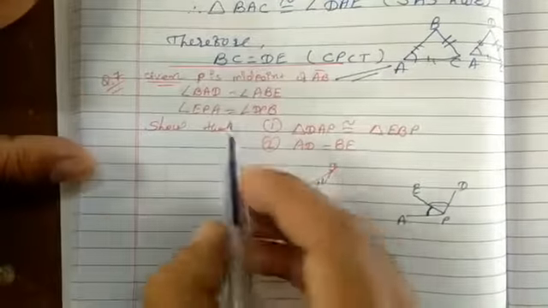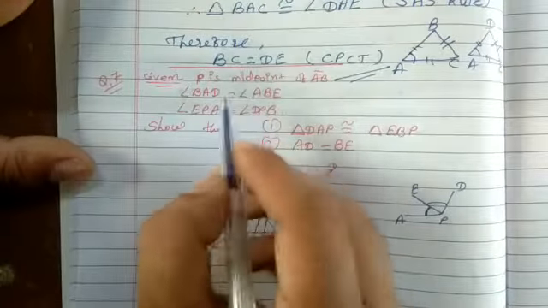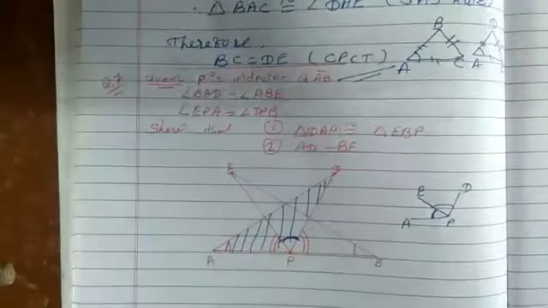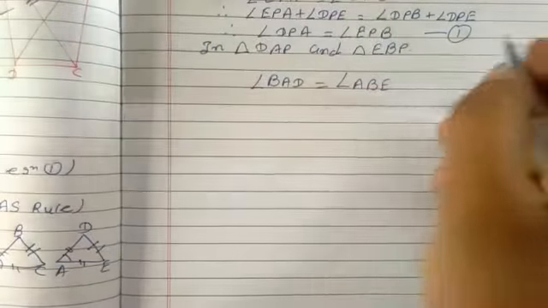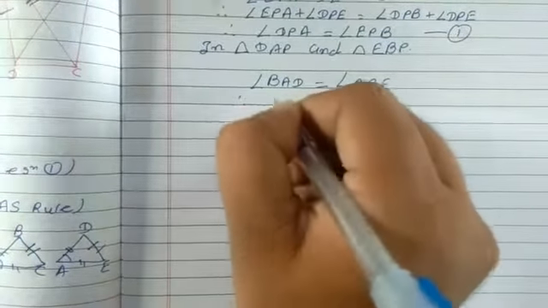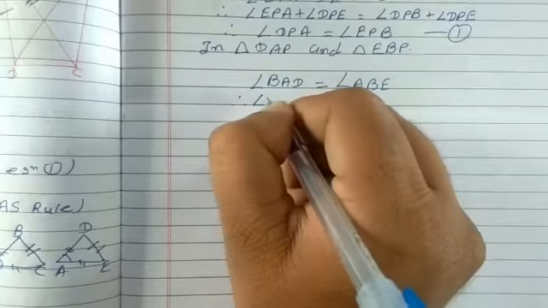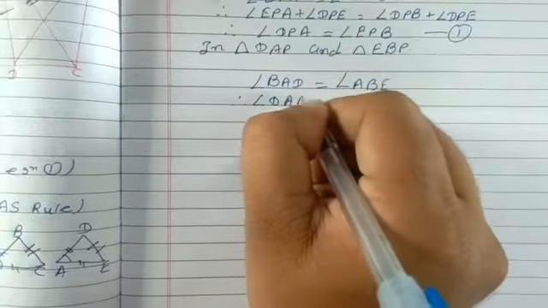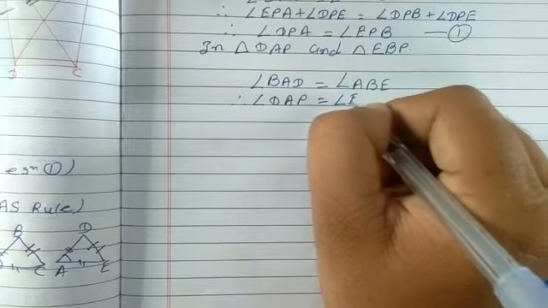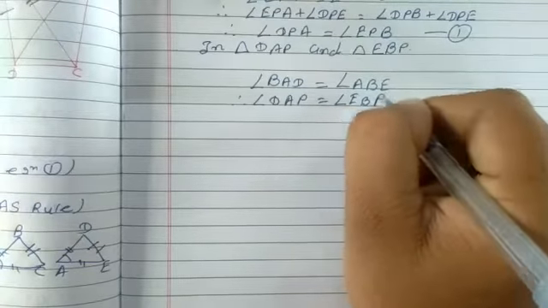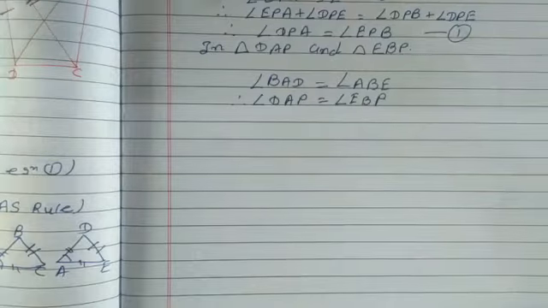Am I right? Here BAD is equal to ABE. So this is our given. That's why we can write here angle of DAP is equal to angle of EBP. Okay, angle of EBP.